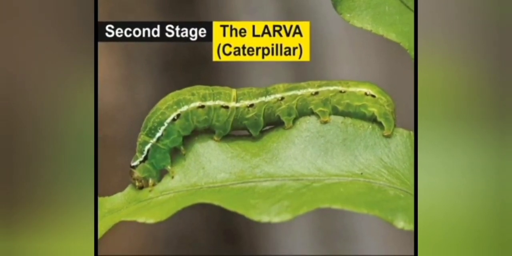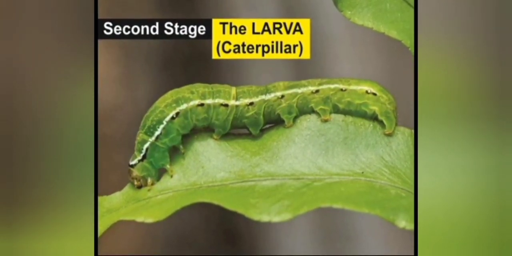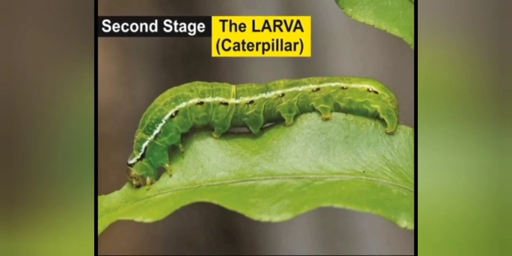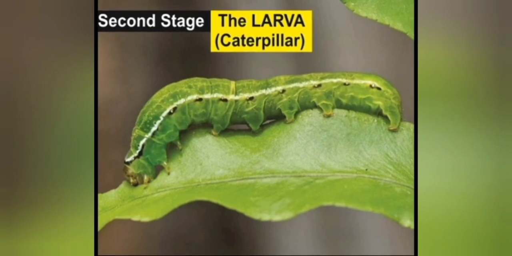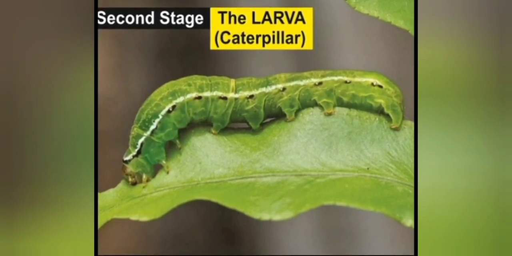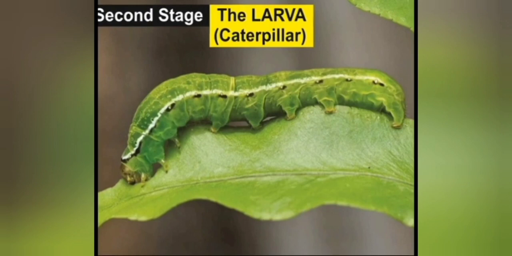When the egg hatches, we expect to see a butterfly, but it doesn't happen this way because there are 4 stages. This is only the second stage, which is called the caterpillar.